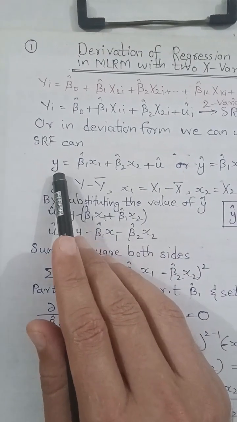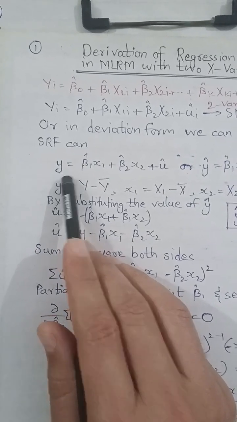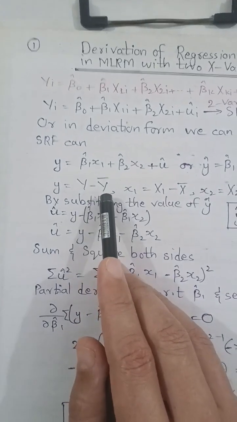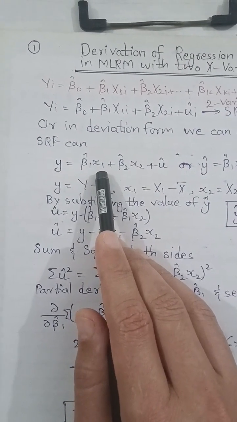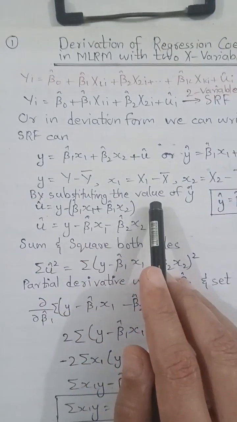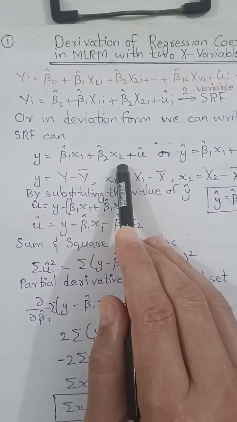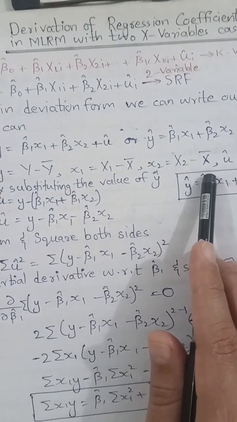Here small y is the deviation form of y variable, which is equal to y minus y bar. Small x1 is the deviated form of x1 variable, which is equal to x1 minus x1 bar, and small x2 is the deviated form of x2 variable, which is equal to x2 minus x2 bar.